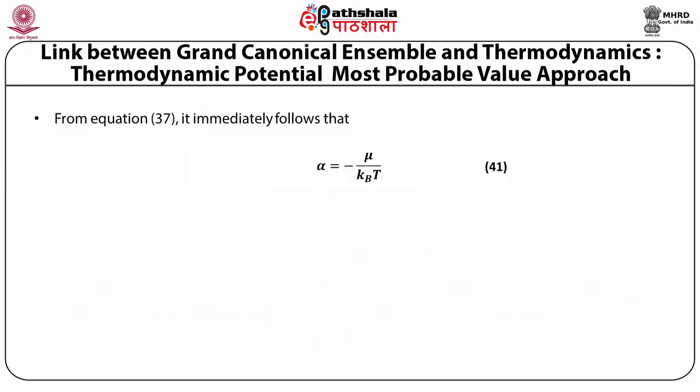From equation 37, it immediately follows that alpha is equal to minus mu upon kBT.